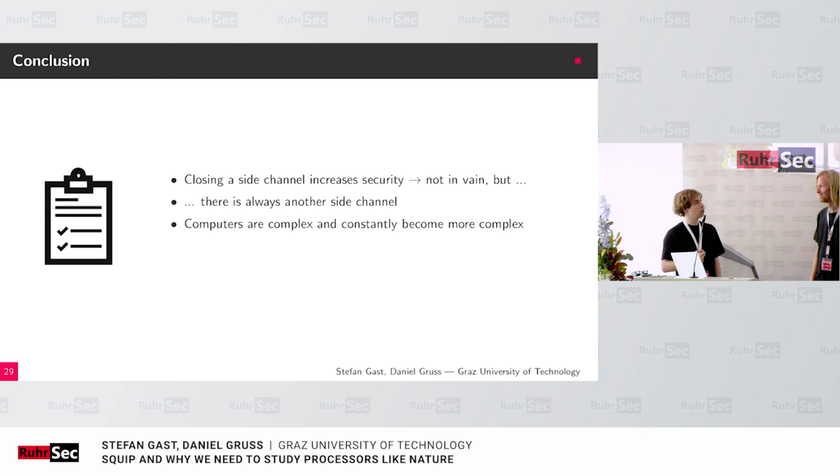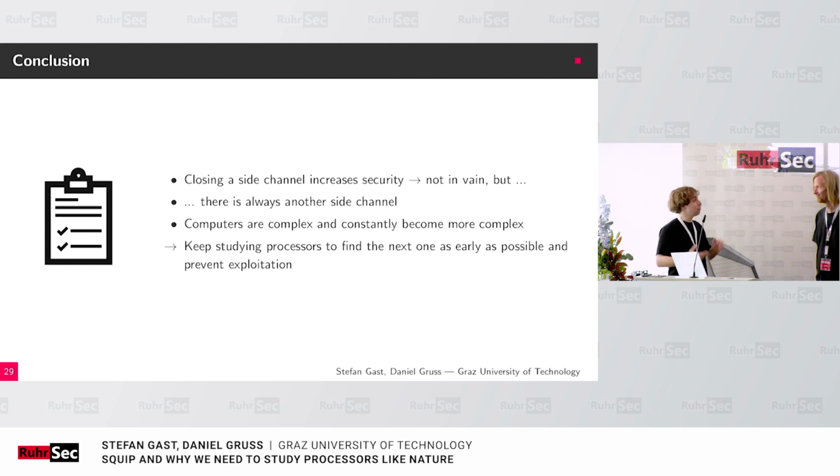Another point that we want to have as a takeaway of this talk: computers are complex and constantly become more complex, and this is not going in the other direction. We are not heading back to less complex computers. And this also applies to not just single computers, but also computer systems and systems in general. Systems only get more complex over time.